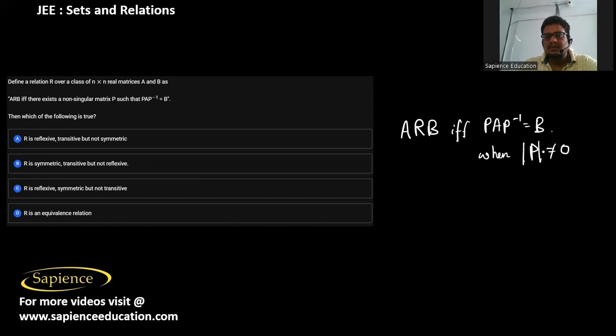If the determinant of P is not 0, then only I will say that it is a non-singular matrix.